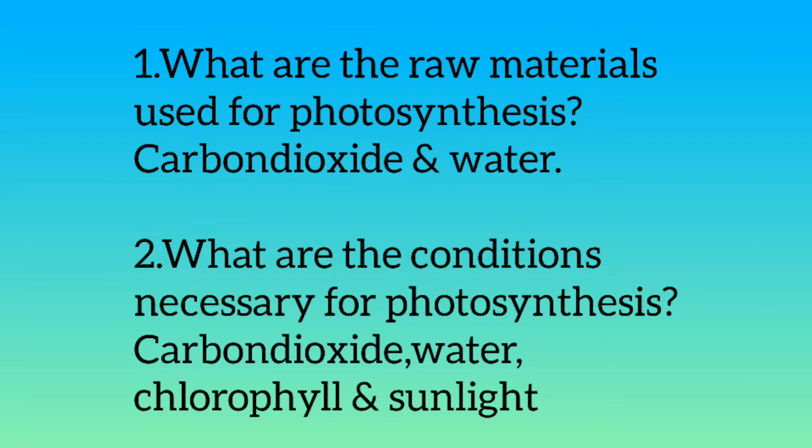What are the materials used or raw materials needed for photosynthesis? Carbon dioxide and water. And what are the conditions necessary for photosynthesis to take place? Carbon dioxide, water, chlorophyll and sunlight.